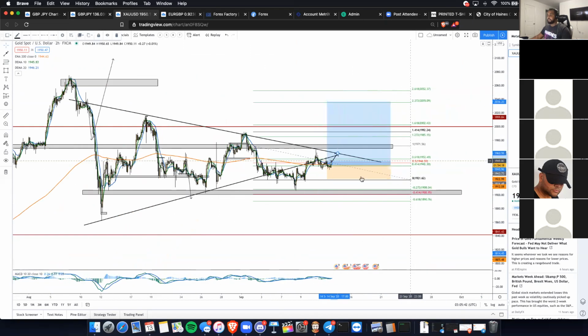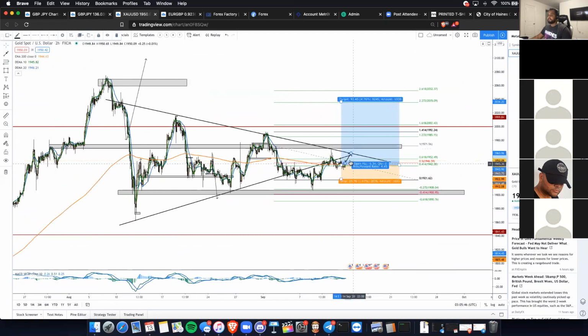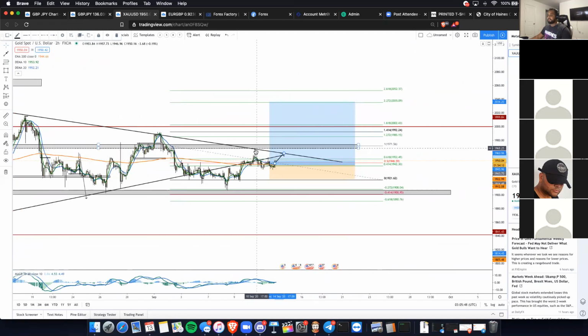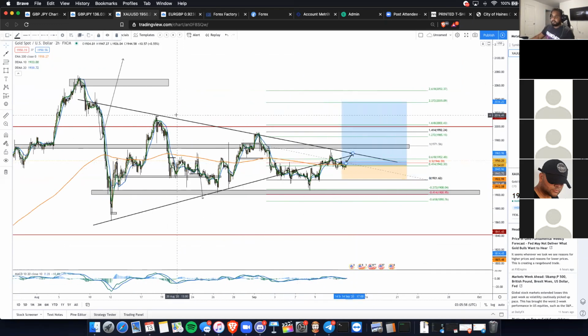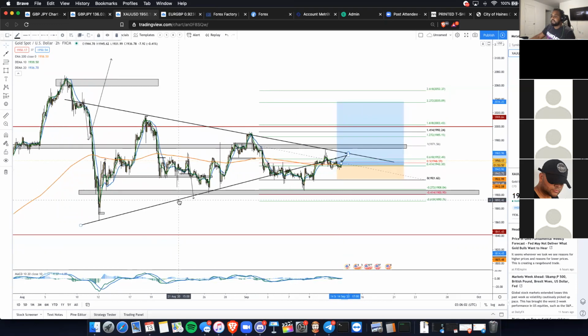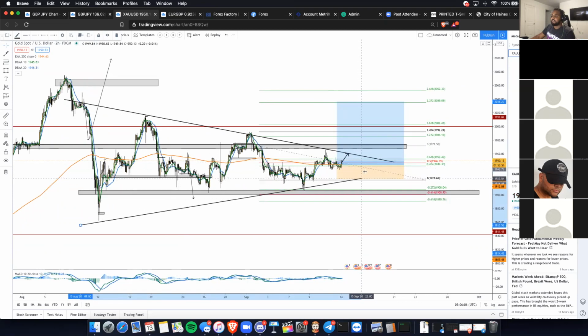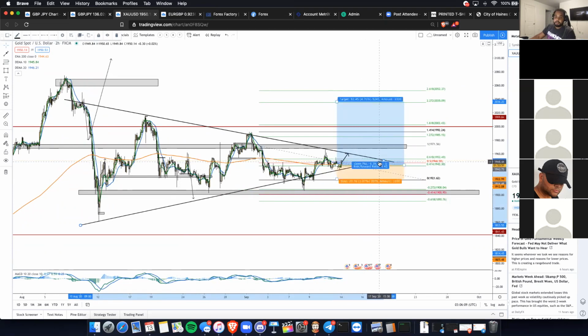And the second one will be the zone that we have marked here, because this is the previous price that the market rejected, and also formed that lower high before she made this previous downward move. So I think she's going to go up. I have been reading a lot of reports and a lot of indications that we can expect the indices and stocks to continue going down, which is always positive news for gold.